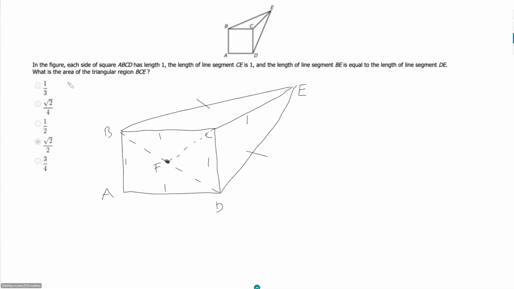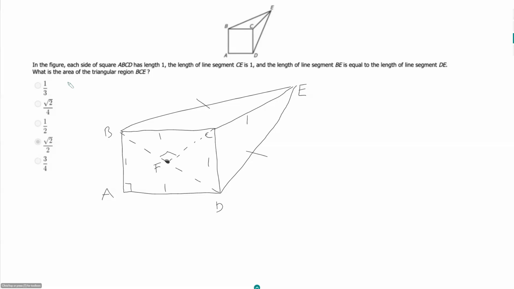What do I know? If I have a square and I have two diagonals of a square, those diagonals should be perpendicular bisectors of each other, which means this angle here is 90 degrees. And so this segment here, FC, is just half of a diagonal. So what is the length of my diagonal?